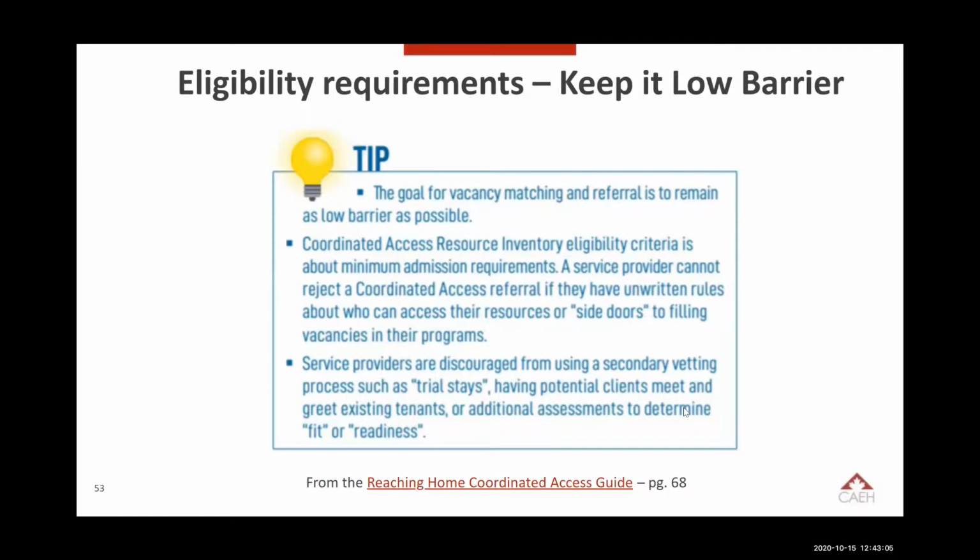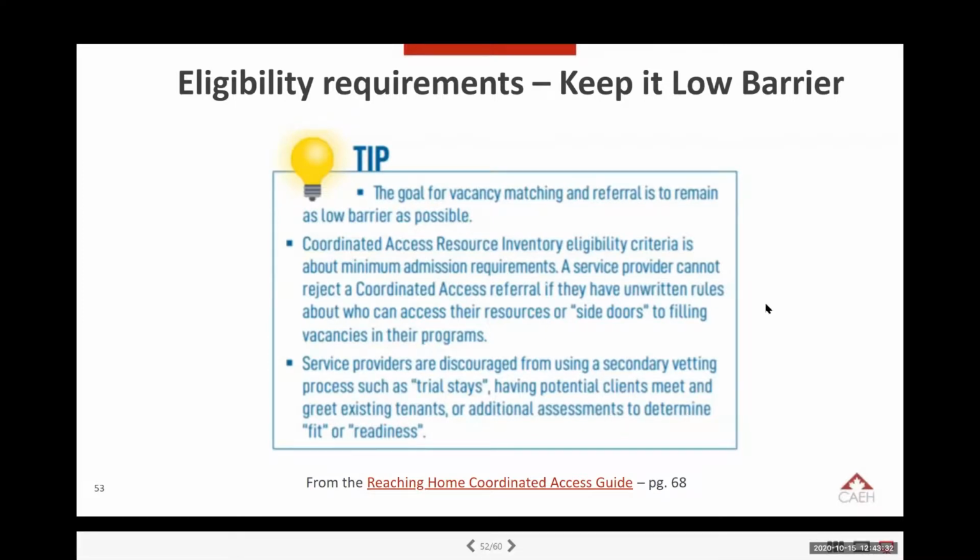And then to also have all of the rules of admission written down so that there are no surprises as you're trying to make matches and someone says, oh, they can't accept them into the program. All of that should be well known and documented from the get-go, again, so everyone's on the page. And again, really looking to eliminate those side doors.